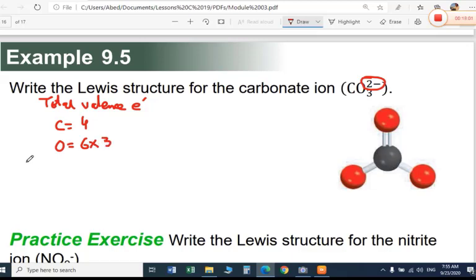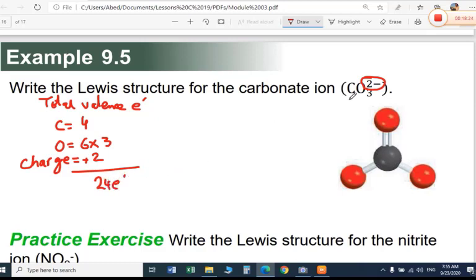And because this is an ion, the charge is negative. Negative charge means you add 2 electrons here. So how much will the total be? 4 plus 18 plus 2, so 24 electrons total.